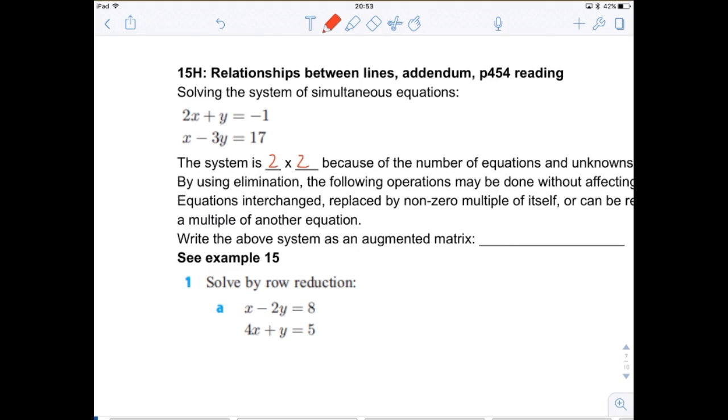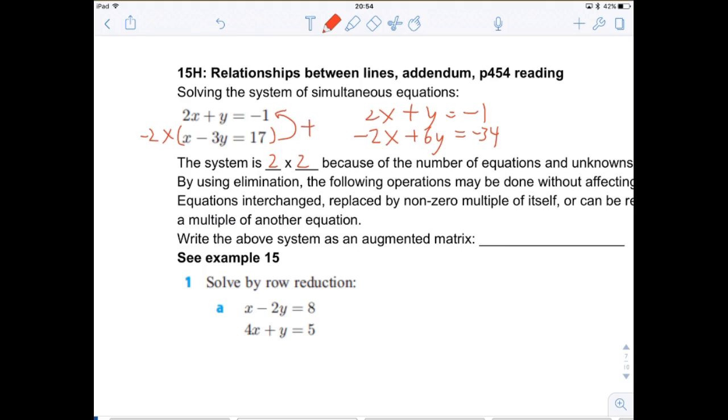So for example, when I look at this one, I see, hey, if I multiply the bottom equation by -2, and then I add it to the first one, do you see how then I can get rid of the 2x by subtracting 2x from it? So it would end up being 2x plus y equals -1, and the bottom equation is going to be -2x plus 6y equals -34, right?